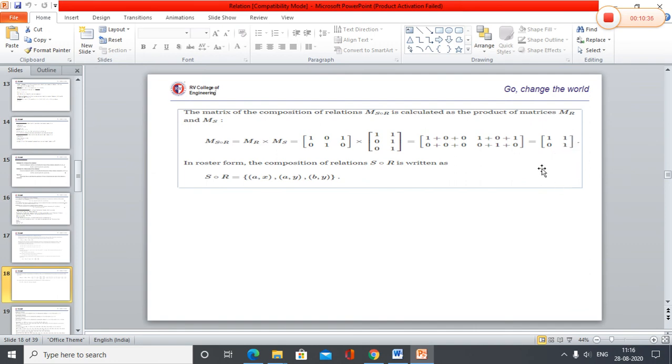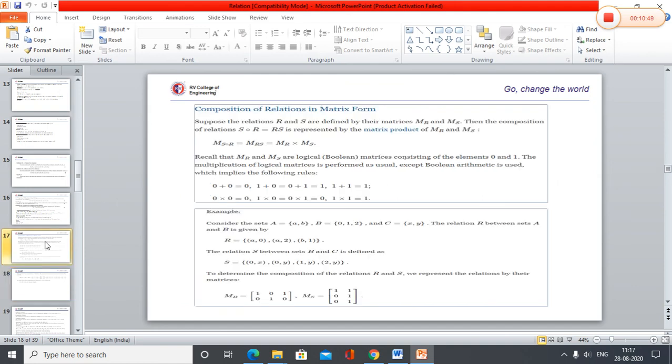Now, I told you if R is a relation from A to B and S is a relation from B to C, then S o R is a relation from A to C. So this is 2 cross 2 because the order of A is 2 and the order of C is also 2. So the result I am going to get will be a 2 cross 2 matrix.